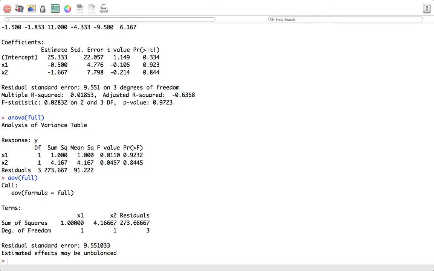So our total sum of squares is going to be 5.167 plus 273.67, so our total sum of squares is 278.84.